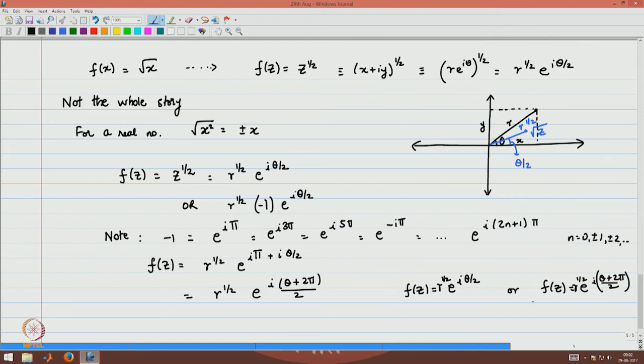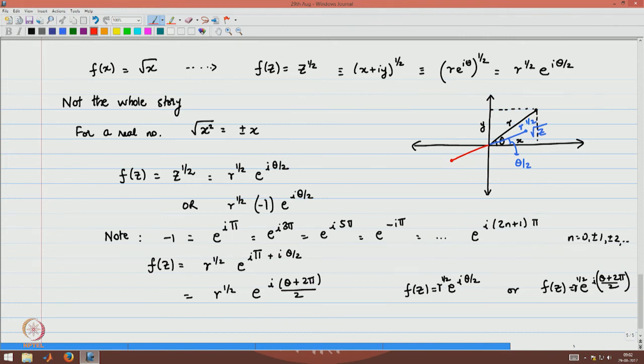Okay. So these two results will actually be different. In one case you will get something like this, in the other case you will get something like this, exactly the negative of that.